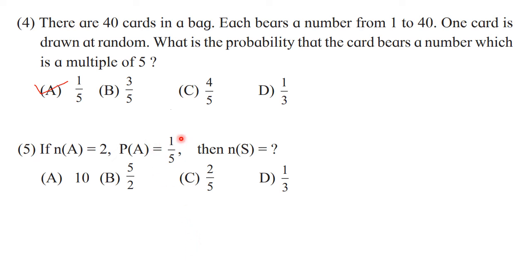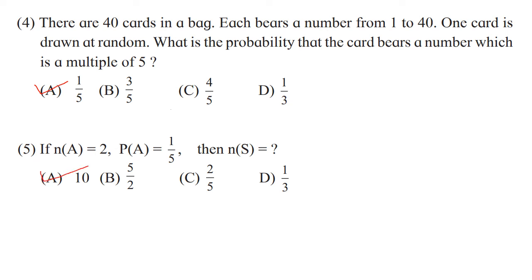So that means here this is the lowest form of n of A upon n of S. Okay. So here to get 2, if we are multiplying by 2 here, here also we need to multiply by 2. So 5 twos are 10. So value of n of S is 10.